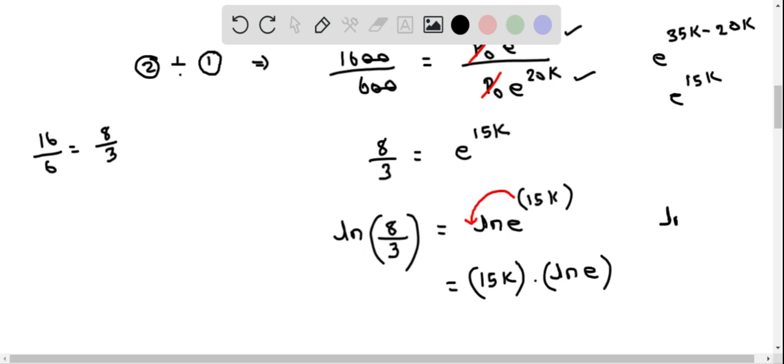Remember that the natural logarithm of e equals 1, so we replace it by 1. On the right side, we have 15k, and on the left, we have the natural logarithm of 8 thirds.